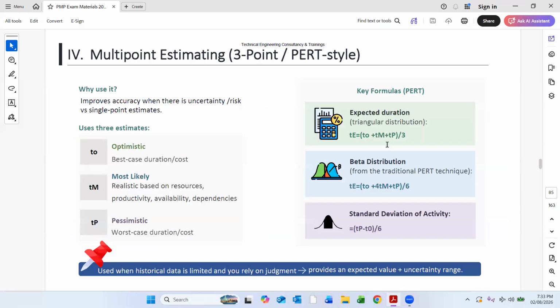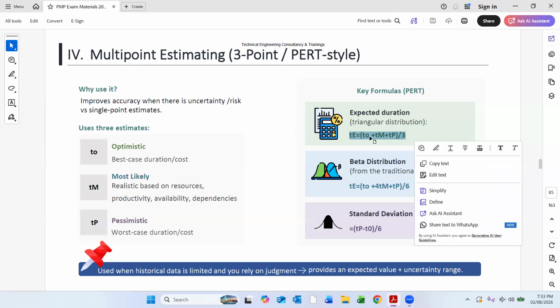Then there is multi-point estimation, which is called PERT style or 3 point. So we have different formulas in PERT estimation, 3 point estimation. We use the triangular distribution: optimistic plus most likely plus pessimistic divided by 3. This is the formula.